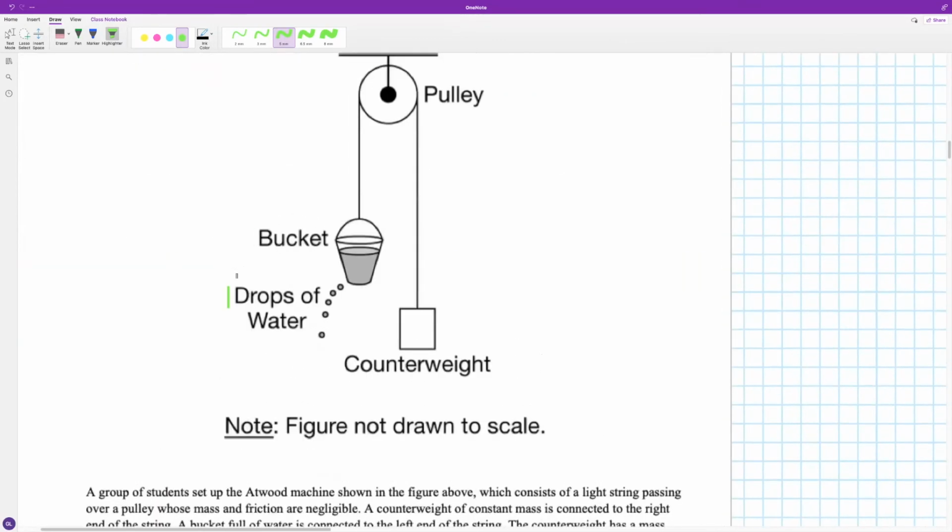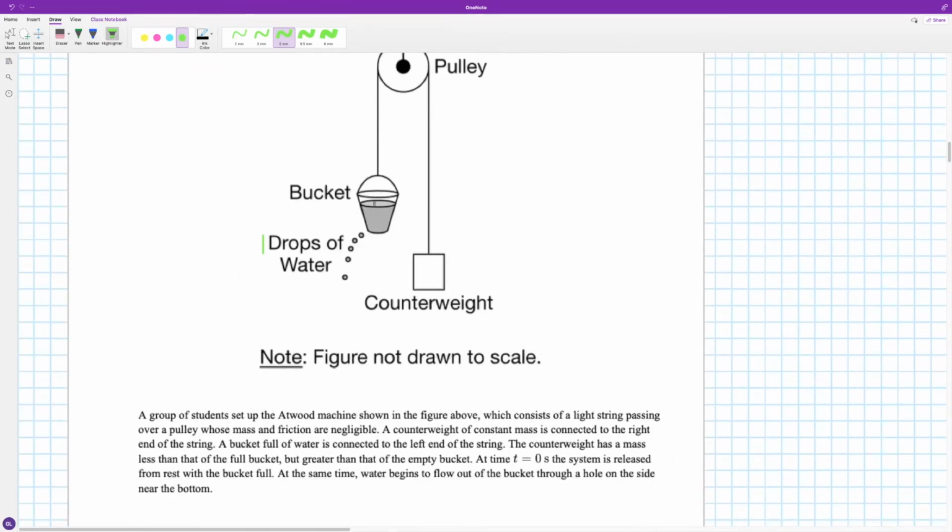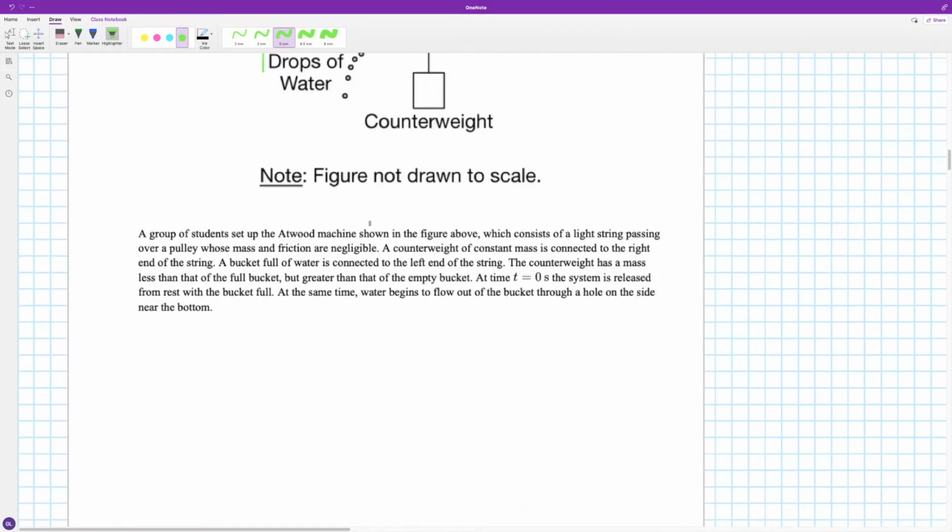So here's the second question in our PDF. We have a bucket that's going to be connected to a counterweight. So we're looking at an Atwood machine essentially, except this bucket is going to lose water due to a hole. I'll let you guys read. I don't want to insult your intelligence, but we'll take some time to read it here.